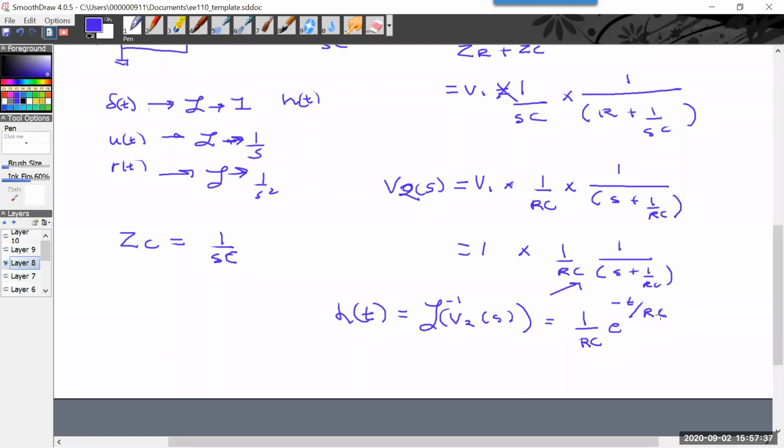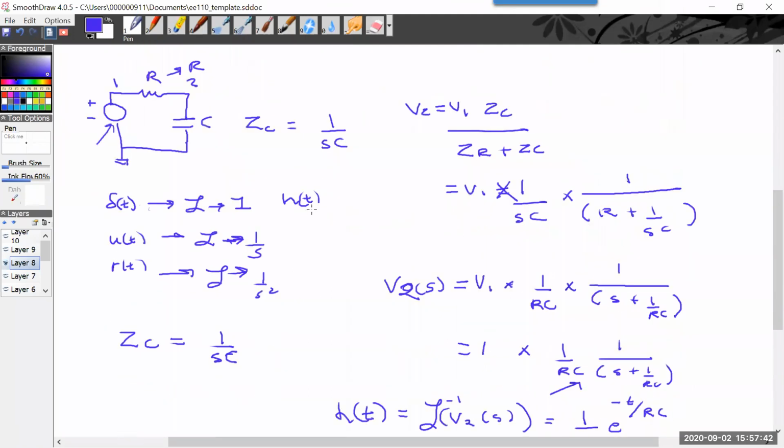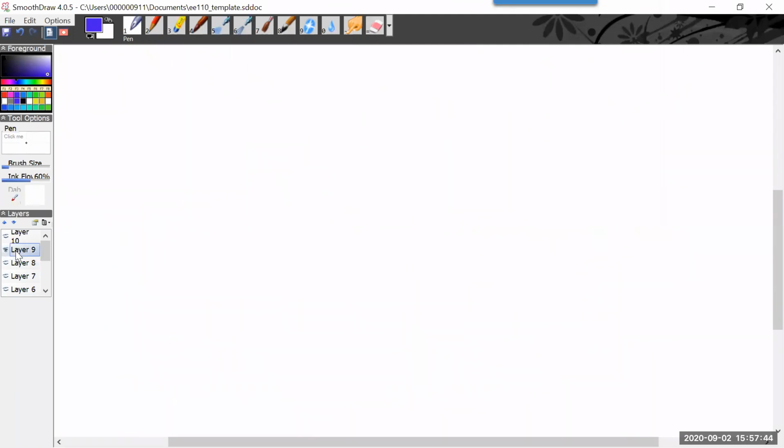All right. So that means h of t equals 1 over RC, e to the minus t over RC.